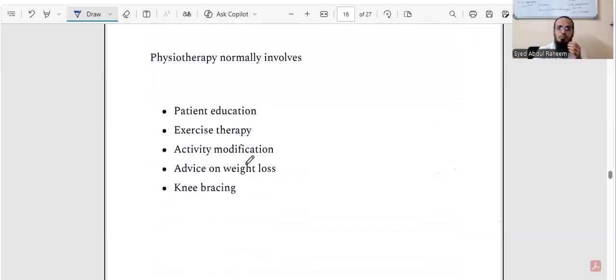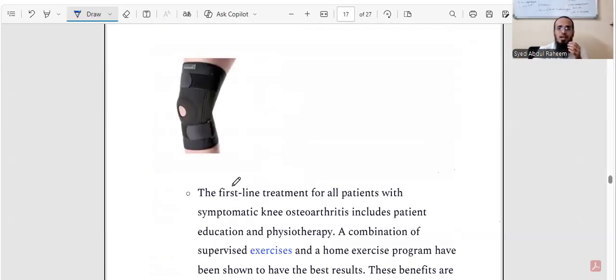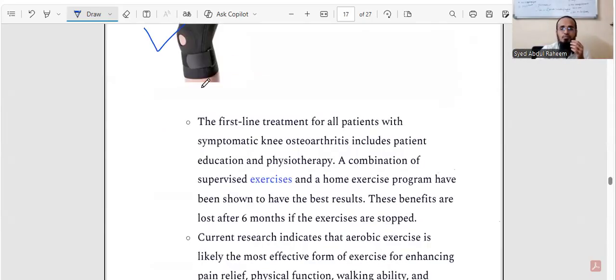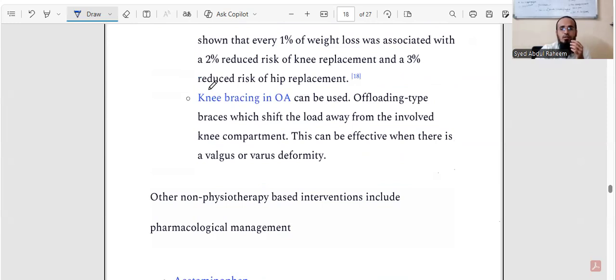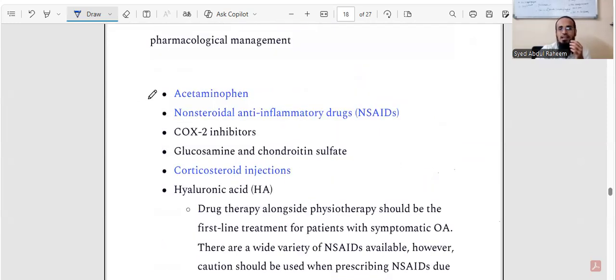A knee brace is also advised for patients in the first or second stage, with physiotherapy and along with medication.